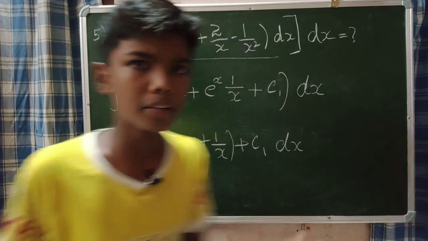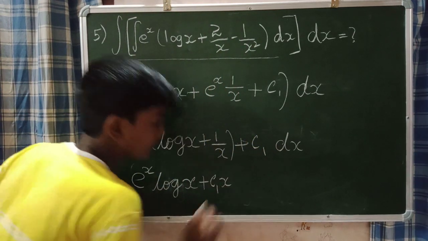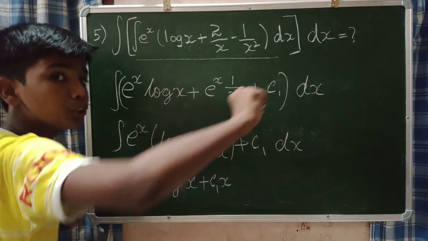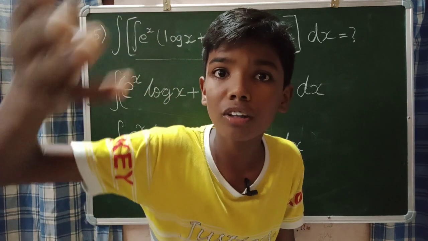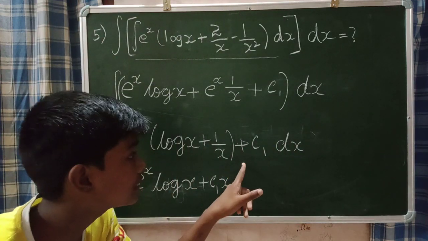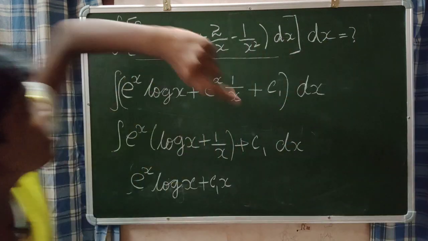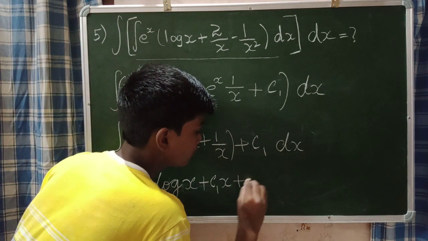Integration of c1 will be c1 into x. Then for this integration you should add one constant, na? This c1 represents the constant for the inside integration. Now you need to add one constant for the bigger integration. So that constant I will call c2.